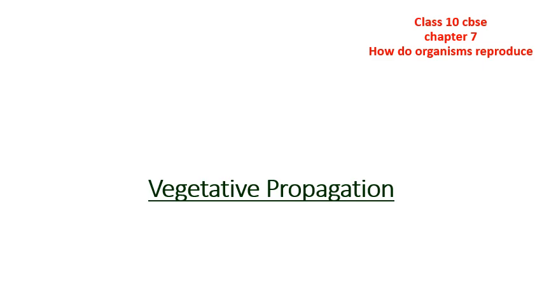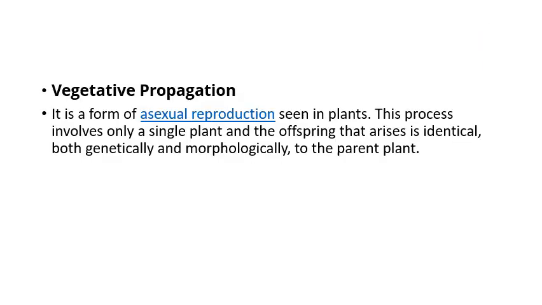So come, let us discuss this vegetative propagation now. As I told you, vegetative propagation is a type of asexual reproduction. It is usually seen in plants. This process mainly includes a single plant and the offsprings.